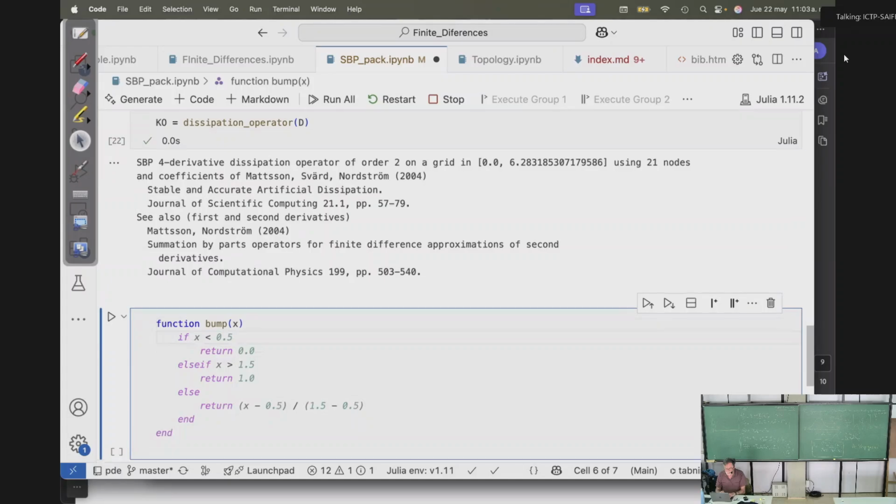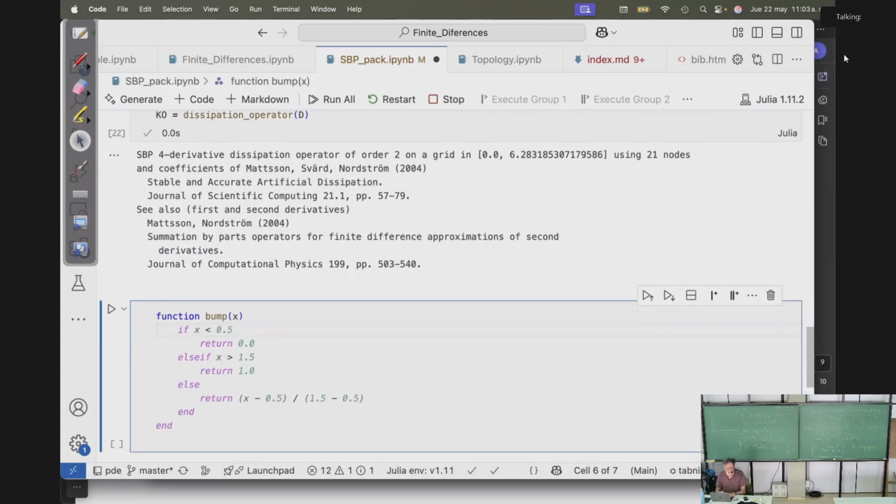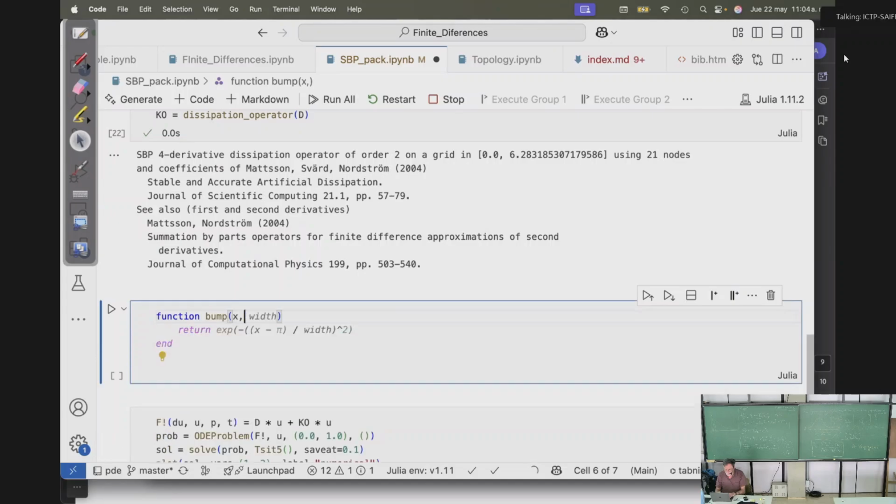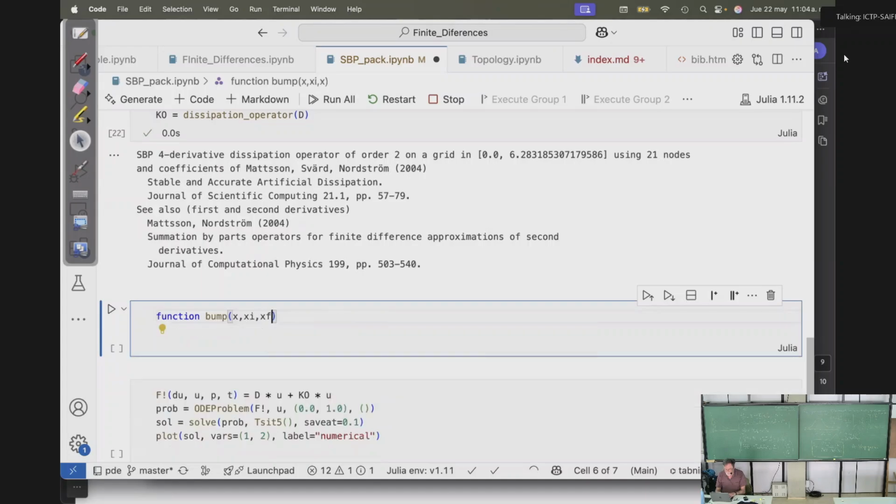Okay, here is a function. So we'll put x initial, x final, and p. Let's see if it remembers the function, so I don't have to.